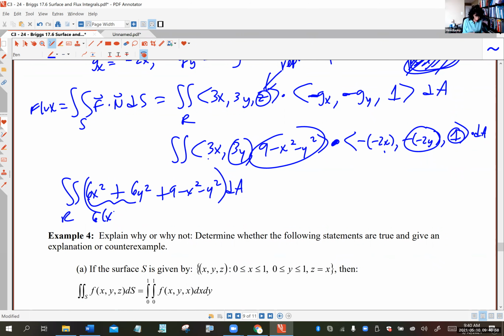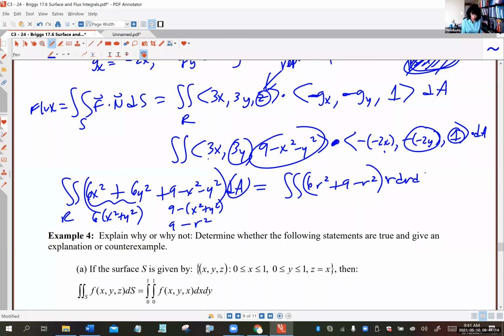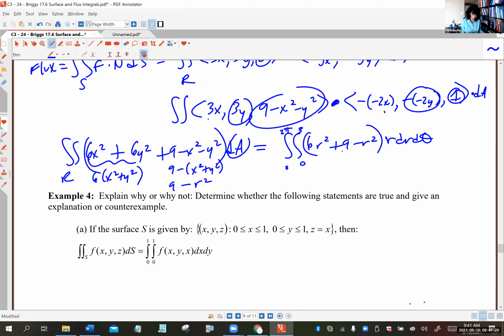So this is 6 times x squared plus y squared, which when we rewrite it is 6r squared. And then this is 9 minus x squared plus y squared, so 9 minus r squared. And I can combine my r squared terms in a moment. The dA, r dr d theta. And you know the drill. I mean, you're going to basically combine your r squareds.